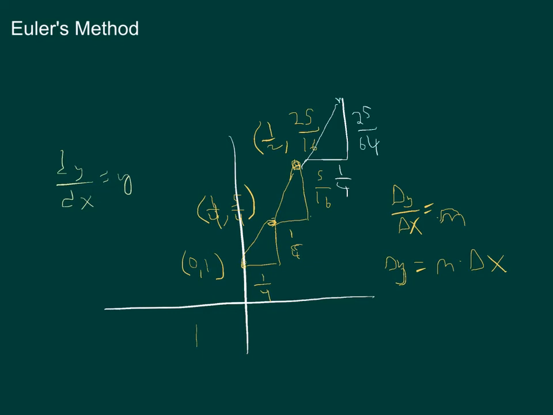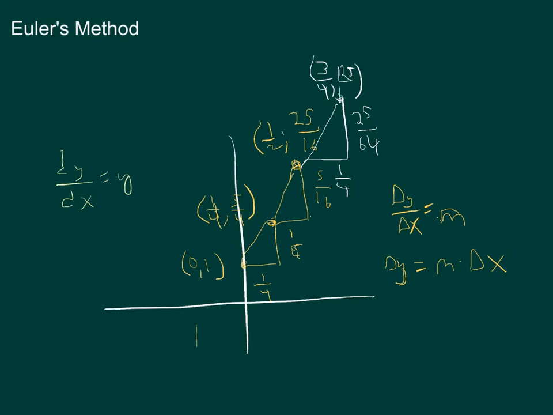And now my x value is going to be 3/4, and my y value is going to be the previous y value, which was 25/16, and then I'm going to have to add 25/64. And so my new y value is going to be 125/64.